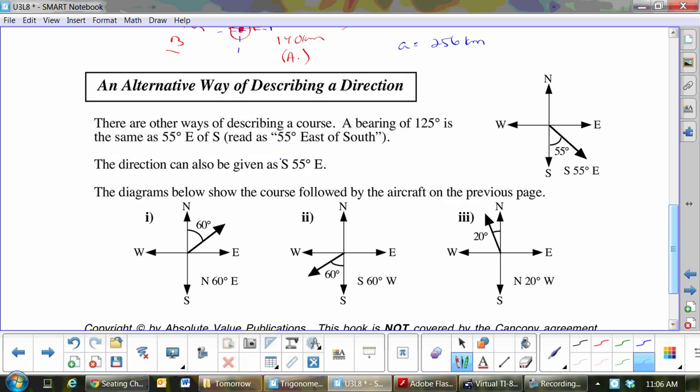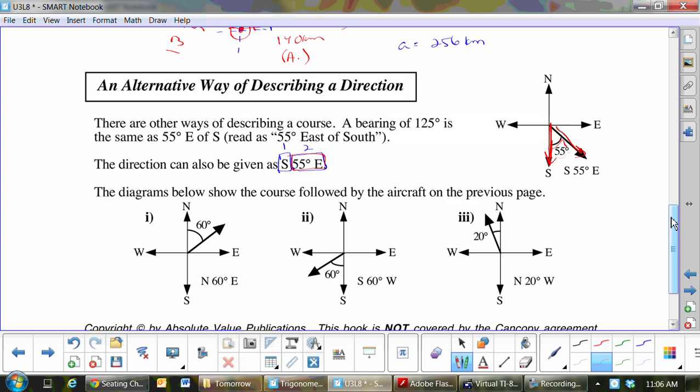When I read it, I do this first, and then I do the second box second. So if you look at south 55 east, it says south, so I look south. Here I am, up here, looking south. And then it says go 55 east. So then I just go 55 east. If it said south 55 west, I'd go 55 the other way. But I always do it from number 1.